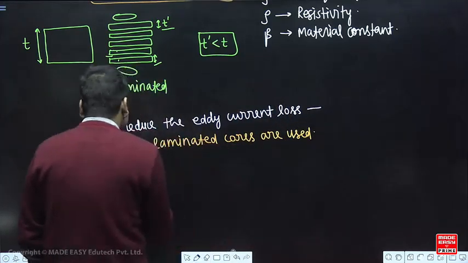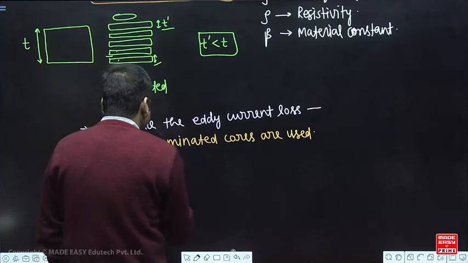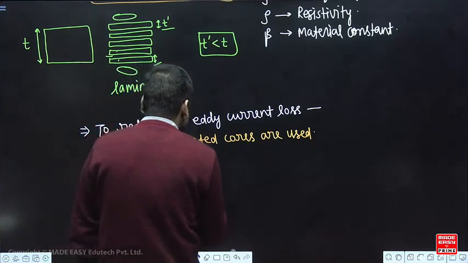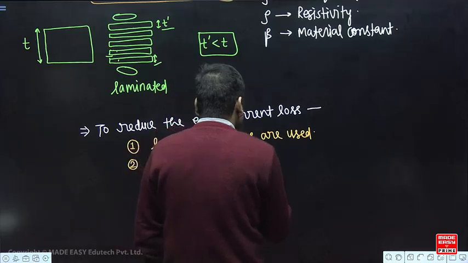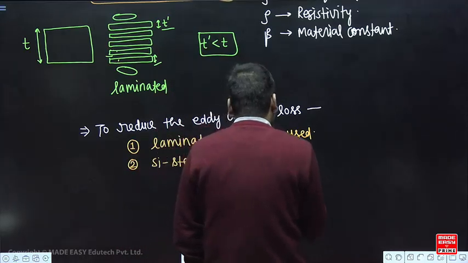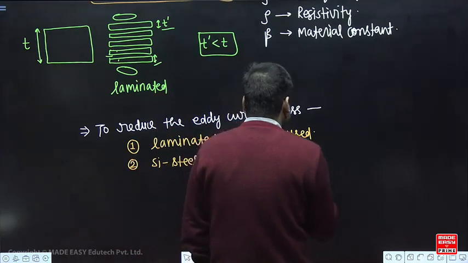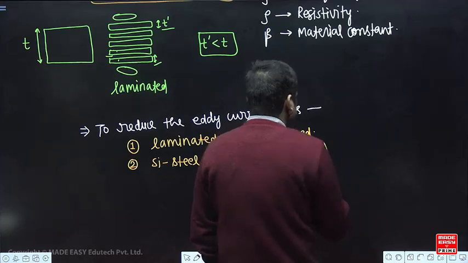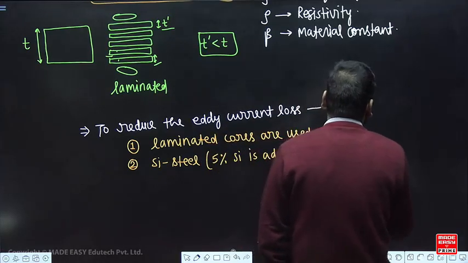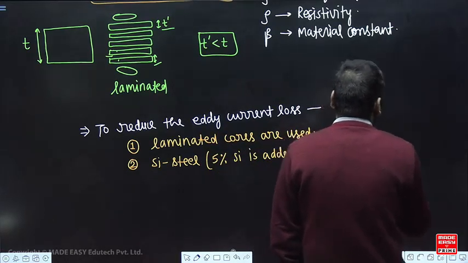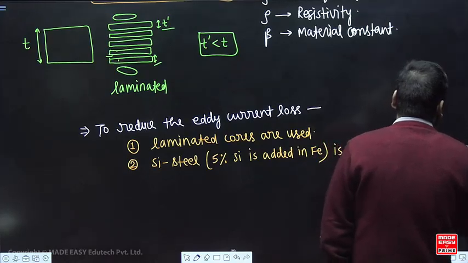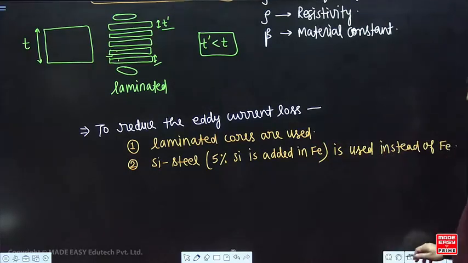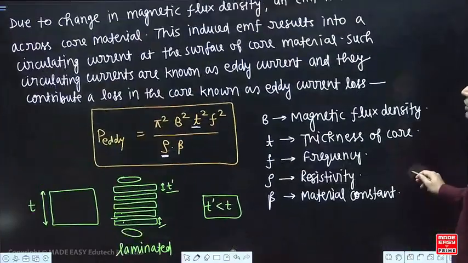Second thing is silicon steel, that is, 5% silicon is added into iron. Silicon steel is used instead of Fe, iron. These two are the methods to reduce the eddy current loss.